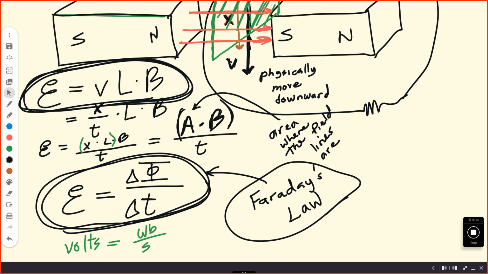And you're going to use one of these two formulas to calculate the induced EMF. And then last but not least, don't forget, once you know the induced EMF, that's what's going to go in here for the voltage. And knowing what the resistance of the circuit is, that's going to allow you to calculate the induced current.